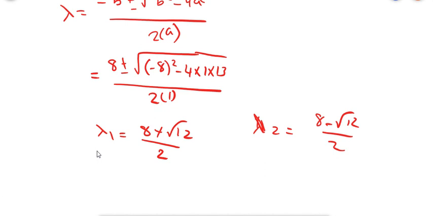You will write 8 plus square root of 12, divided by 2. You will get lambda 1 equal to 5.7, 3, 2, and so on, and 8 minus square root of 12 divided by 2 will give lambda 2 equal to 2.26. Okay, this will be the answer.